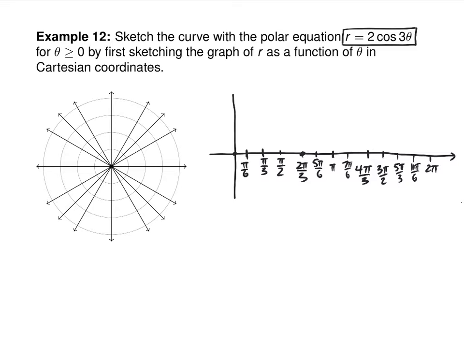Okay. So now our curve, since it's cosine and it's 2 cosine 3 theta, where does it start? 2. By pi over 6 we cross. At pi thirds we're at negative 2, right? At pi halves back at 0, and at 2 pi thirds back at 2.